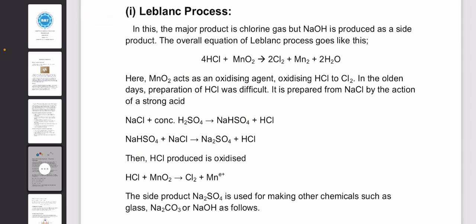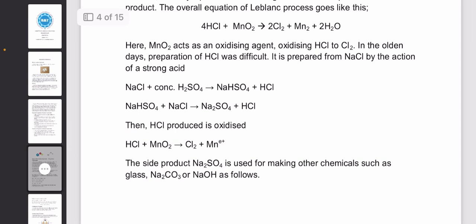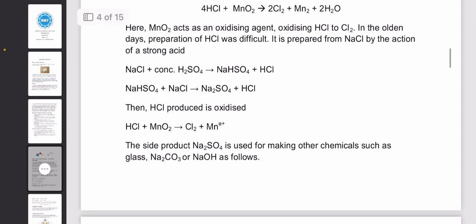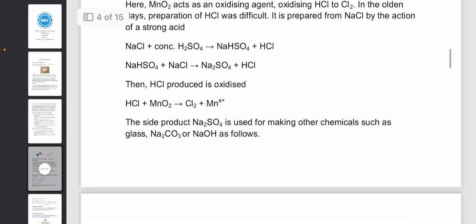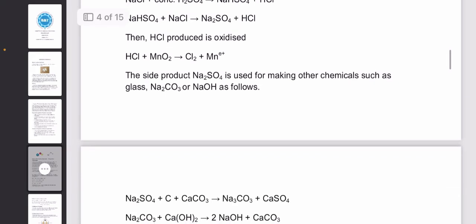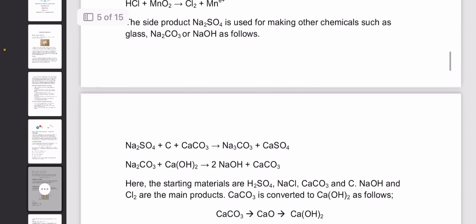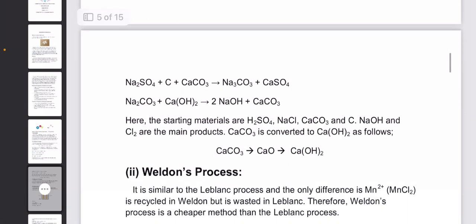In the olden days, preparation of HCl was difficult. It is prepared from NaCl by the addition of a strong acid. As you can see, the overall reaction, and HCl is oxidized, and then the side product Na2SO4 is used for making other chemicals such as glass or NaOH, as follows.